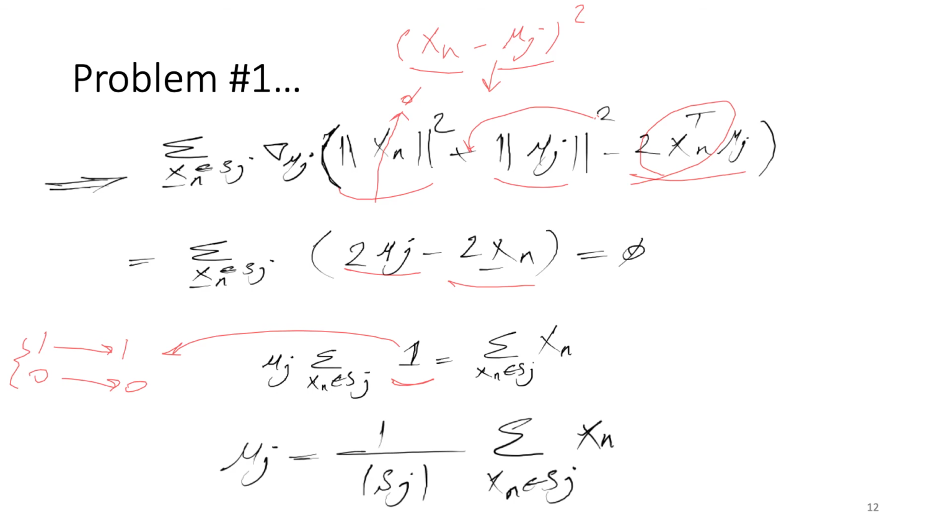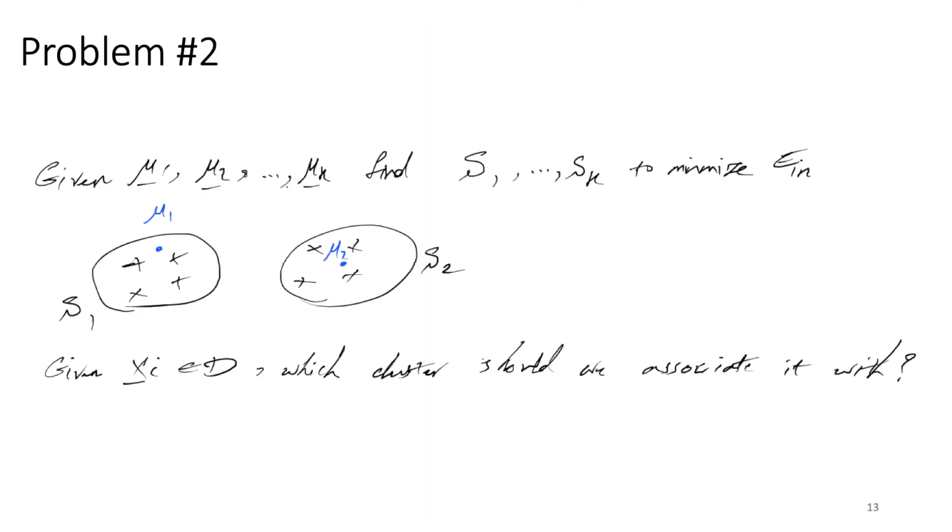All right. So now let's go for the second problem. Given all these mu's that we found, find the s's to minimize the in-sample error, right? So it's the other way around. It's the other complementary part of the question.